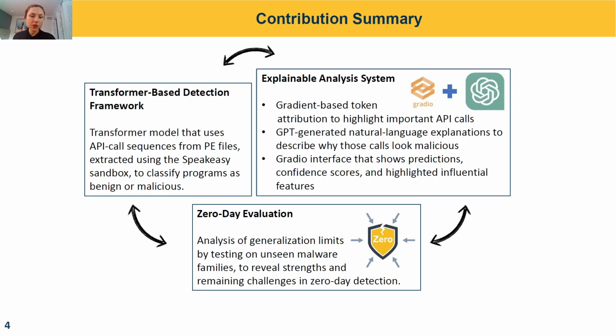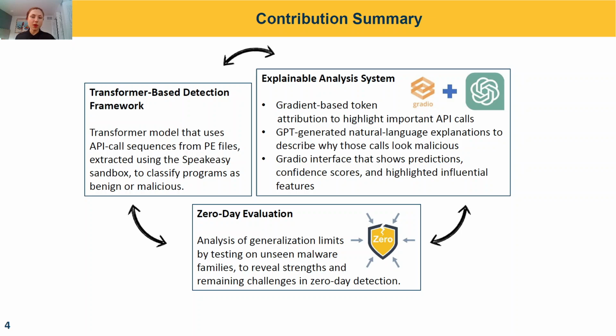Speaking about these contributions, we have a transformer-based detection framework that is trained with API call sequences extracted from portable executable files. A human-centered explanation module uses gradient-based attribution to highlight the most important API calls.